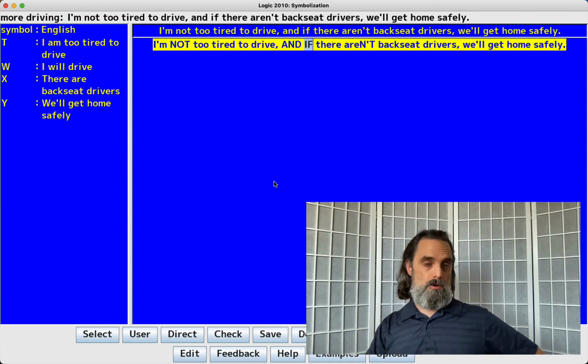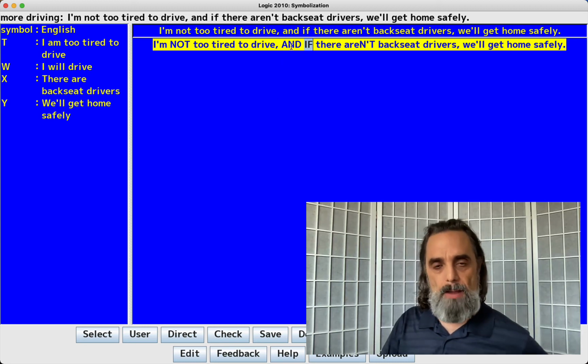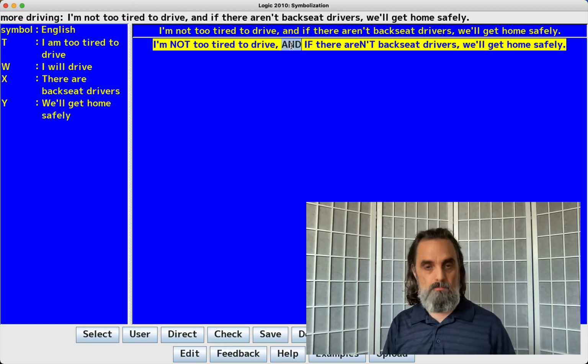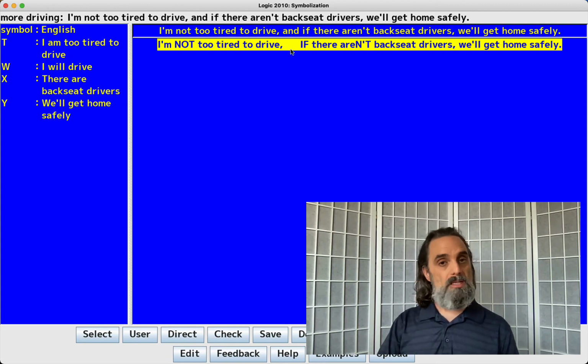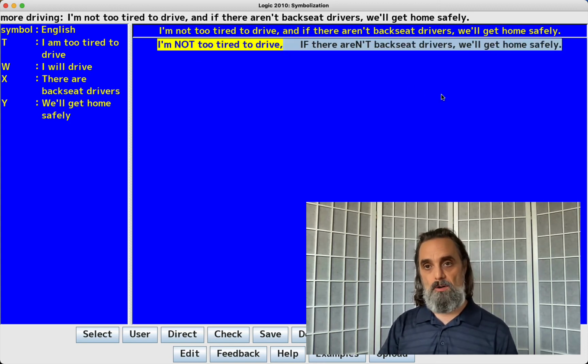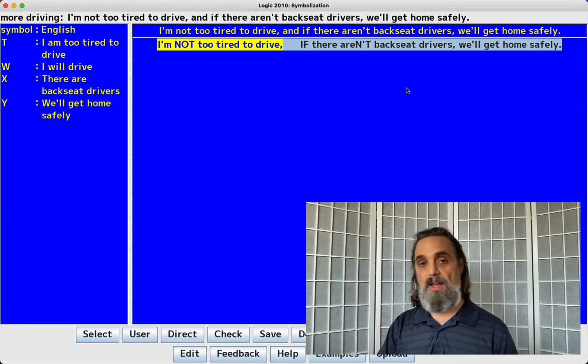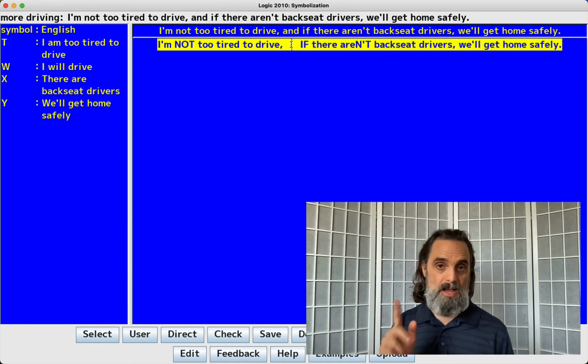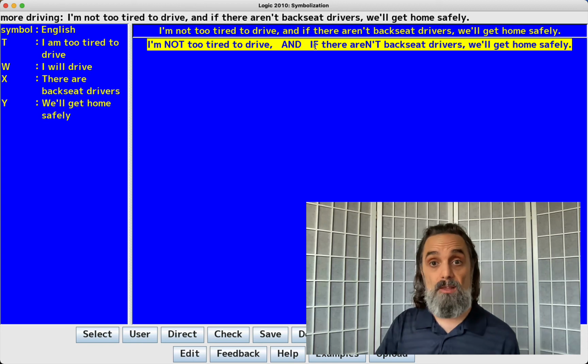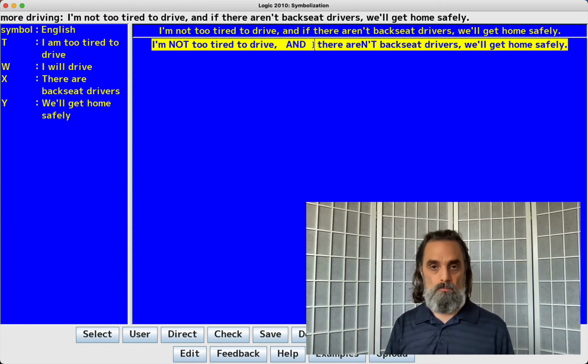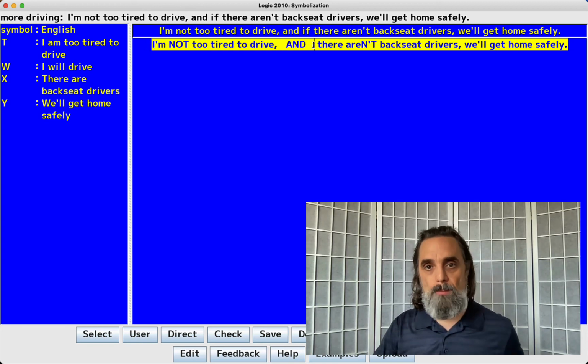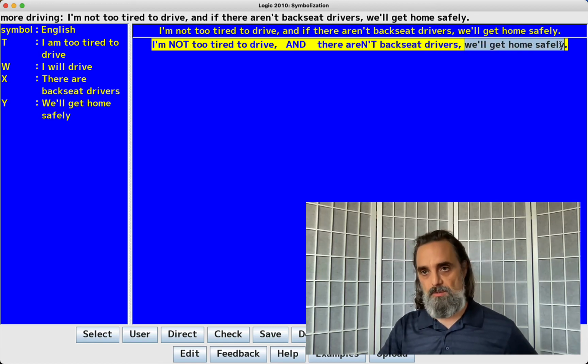So let's do our deletion test. Let's see what happens if we delete the and. We delete the and, we have "I'm not too tired to drive." That's a sentence. We have "if there aren't backseat drivers, we'll get home safely." That's a sentence. So good, the and passes the test. Let's check the if. We have the sentence "there aren't backseat drivers," and we have the sentence "we'll get home safely."